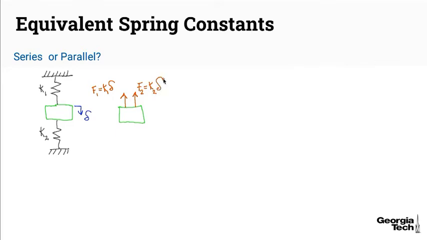And so this spring system on the left could be redrawn as a block with two springs above it, both in tension, K1 and K2 with a delta down, so that it results in a spring force up in 1 and up in 2, since both springs now are in tension.